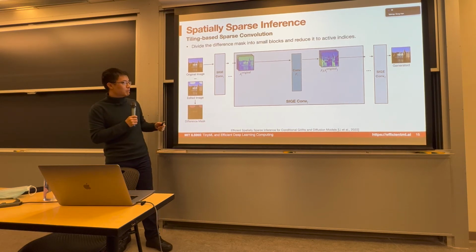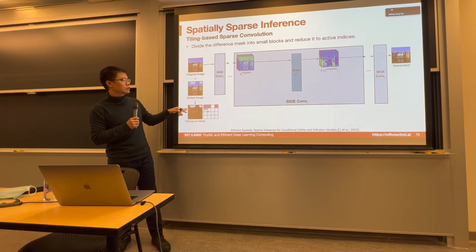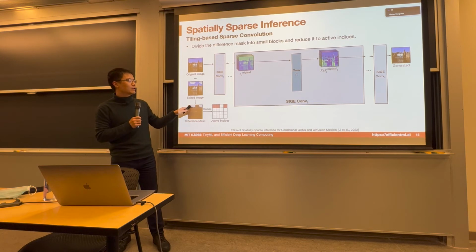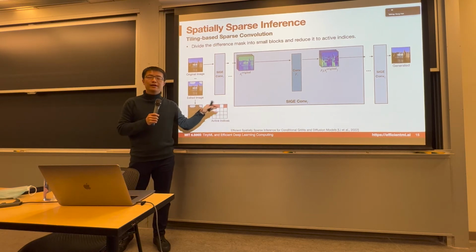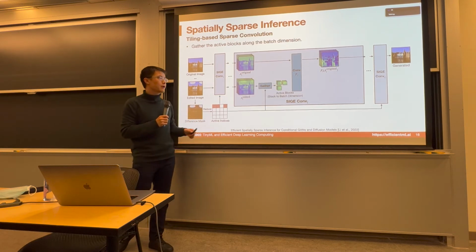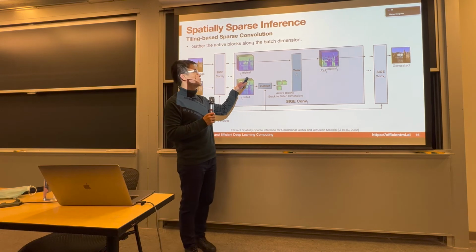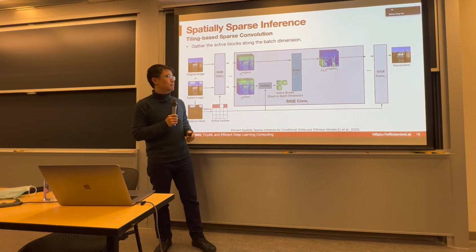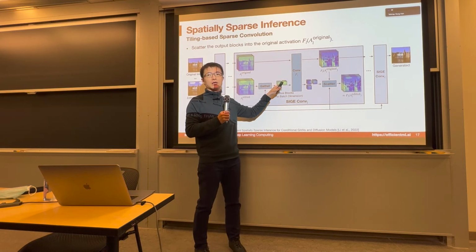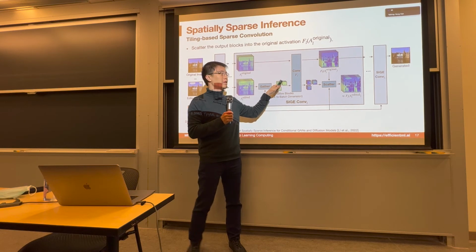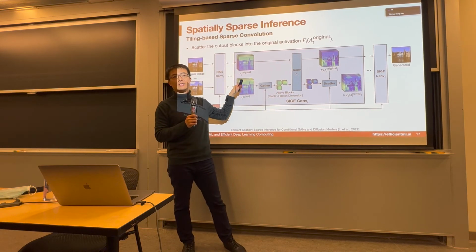We made that possible by chopping the image into several pieces, the blocking, and then reducing the region to only the regions that have been edited, corresponding to this red region. Then we gather those regions here, here, and here from the original image, so that we only run computation on the batch of these edited regions rather than running the convolution on the entire image.